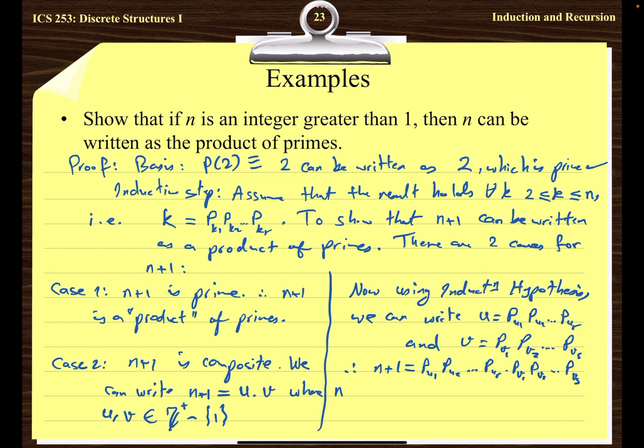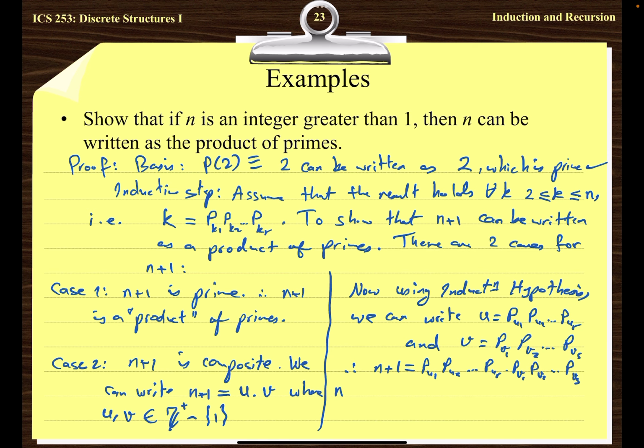In strong induction, we actually assume that the result holds for all k, starting from the basis, all the way up to n, and then we basically show the result for n plus 1.